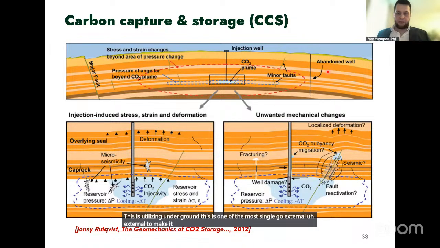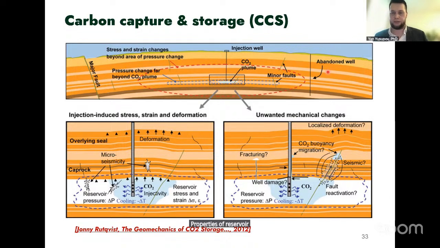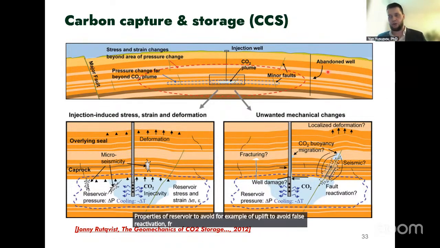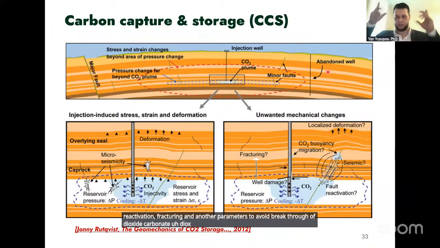And to do it correctly, we need to correctly estimate the parameters of the utilized reservoir, estimate the fracture strength of the seal, and properties of the reservoir to avoid, for example, uplift, fault reactivation, fracturing, and other parameters, to avoid breakthrough of carbon dioxide to the surface.